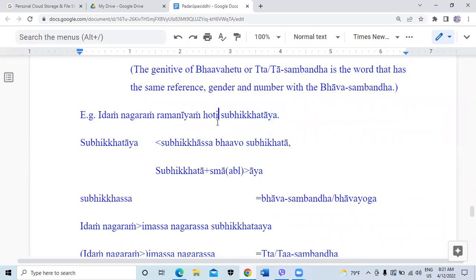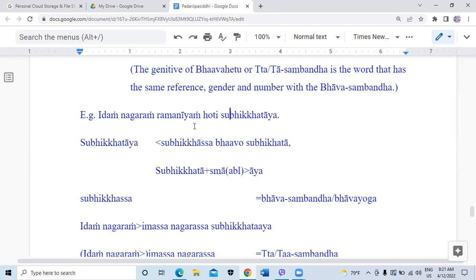Why is this town pleasant? Subhikataya, because it is easy to get alms, or if we translate loosely, because of the state of having easy alms.